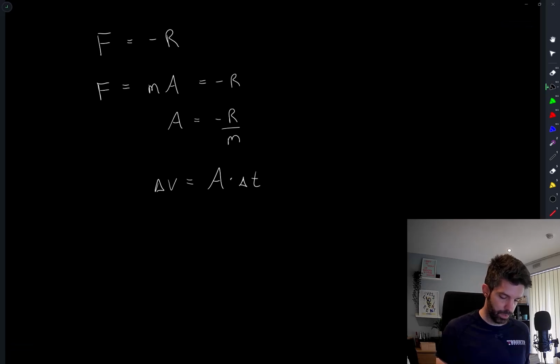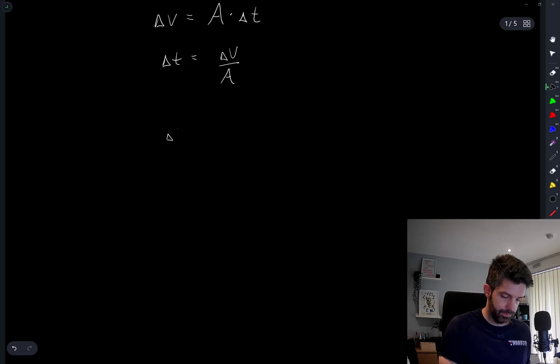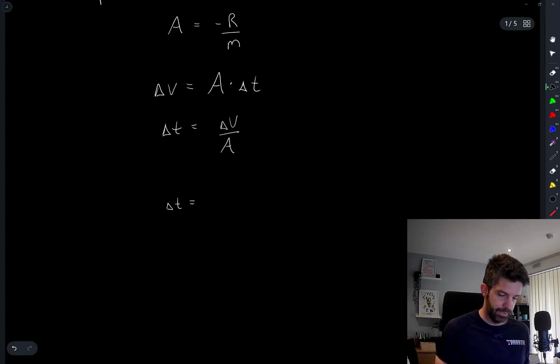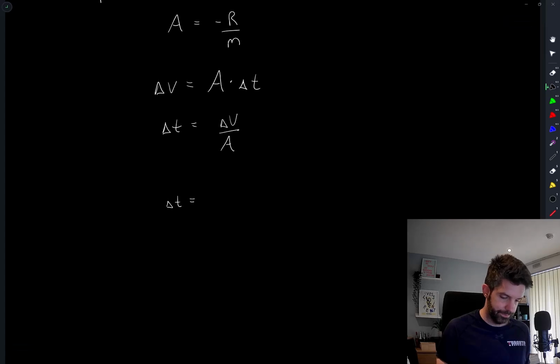So what I want to compute is delta t. This is the amount of time it takes the bullet to slow down to a halt. This is delta V divided by A. So delta t is equal to, and what is delta V?